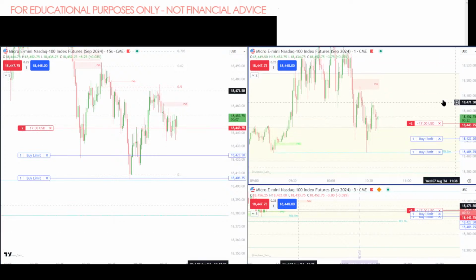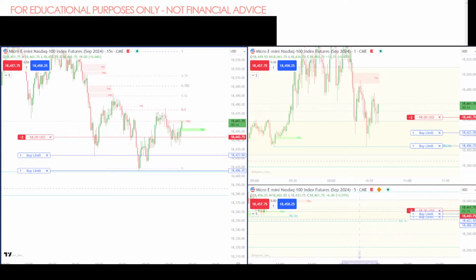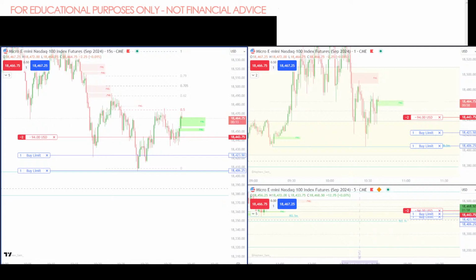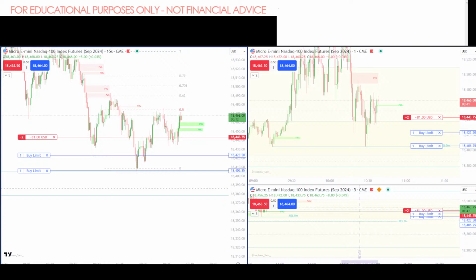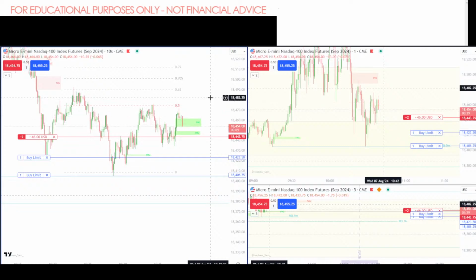Not liking how we're bouncing back up repeatedly from here. These huge ranges are challenging.